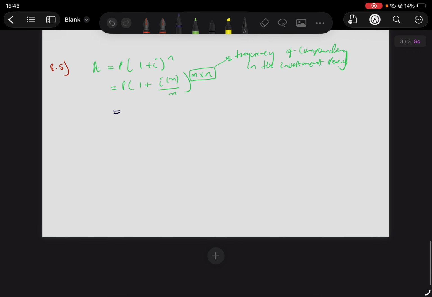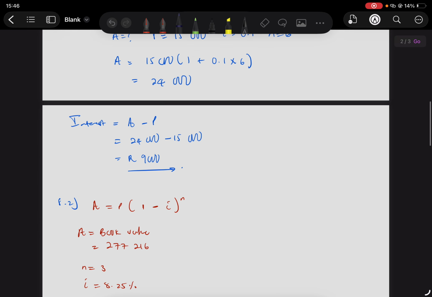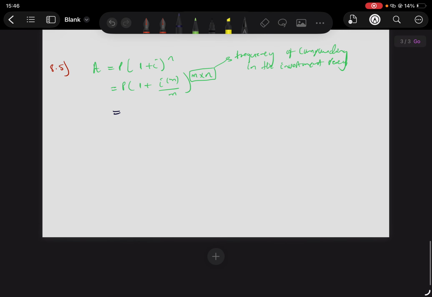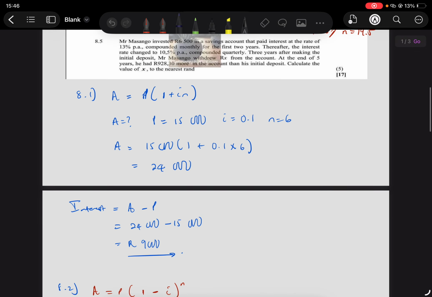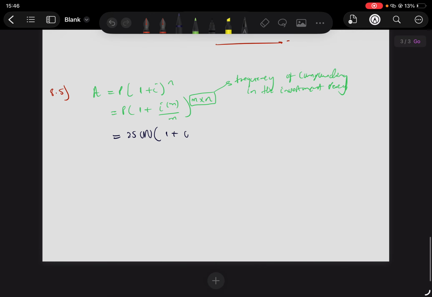So here our P is 25,000. So this will be 25,000 times (1 plus 0.0925 over 2) to the power 2 times 19.5. This can then be simply punched into the calculator.